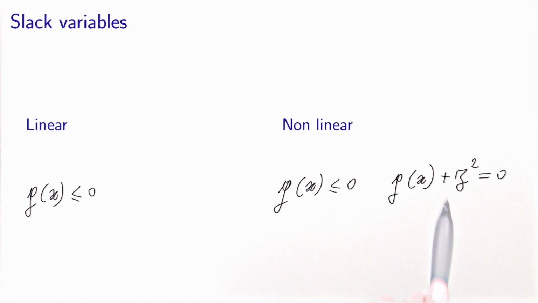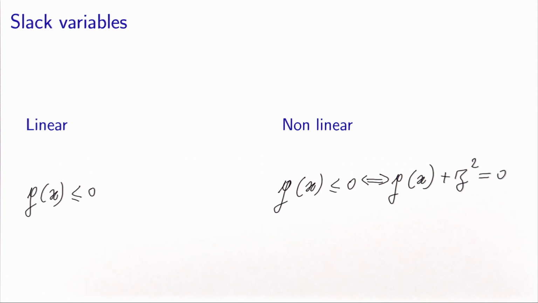So g of x plus z squared must be equal to 0. So if z is equal to 0, it means that g of x is equal to 0. In this case, we will say that the constraint is active. And if z squared is strictly positive, it means that g of x is strictly negative. So we have the equivalence between the two.